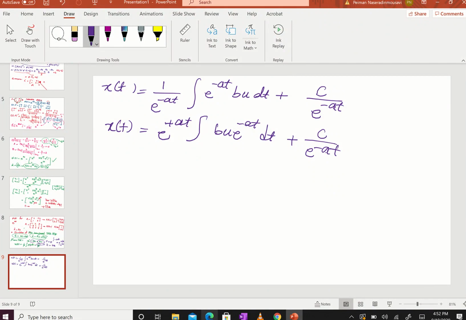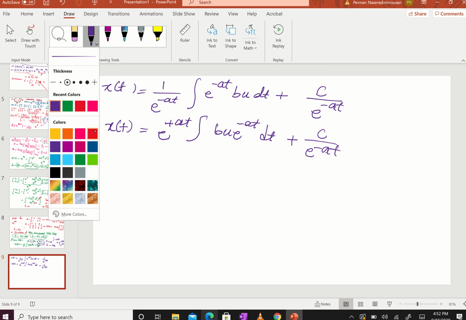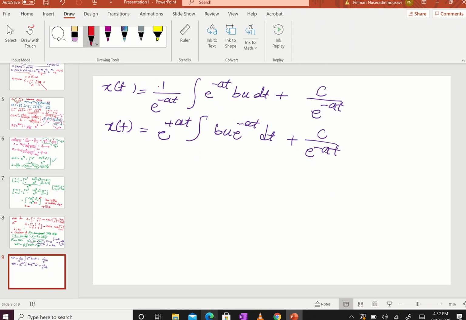So now let us say we want to calculate c. I said that c is calculated based on time 0. At time 0 we have x of 0. E to the power of 0 is 1. Integration is from 0 to t, obviously.